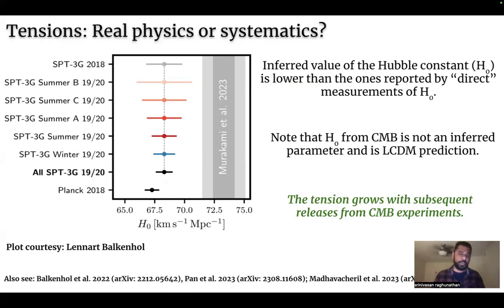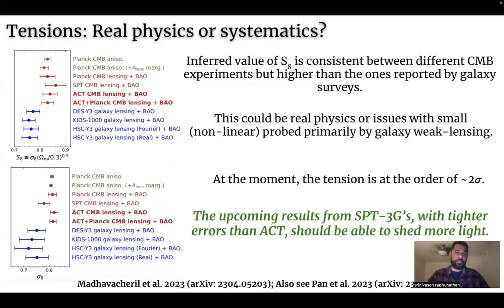So there is something that's different between these two measurements. This can be something real, or it could be a systematic in one of these observables. We don't know yet, and the tension seems to grow with subsequent releases from different CMB instruments. Okay, so that's something that we would like to fix.